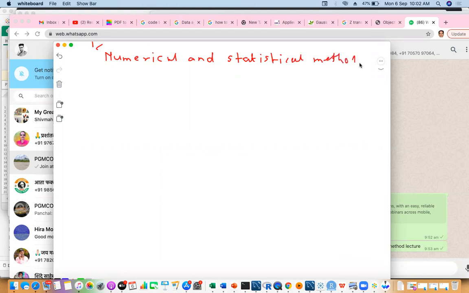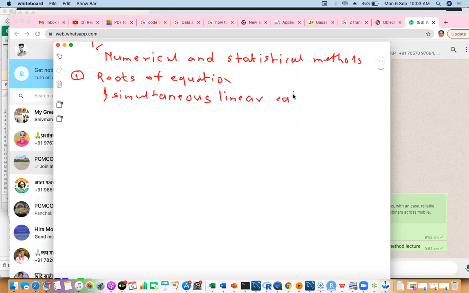Now, in this, we have the first unit as roots of equation and simultaneous linear equation.